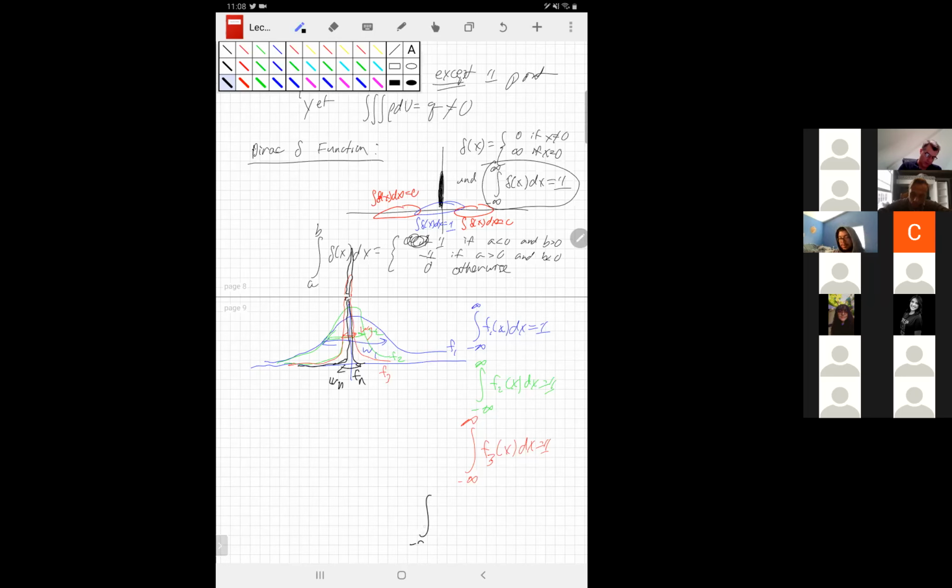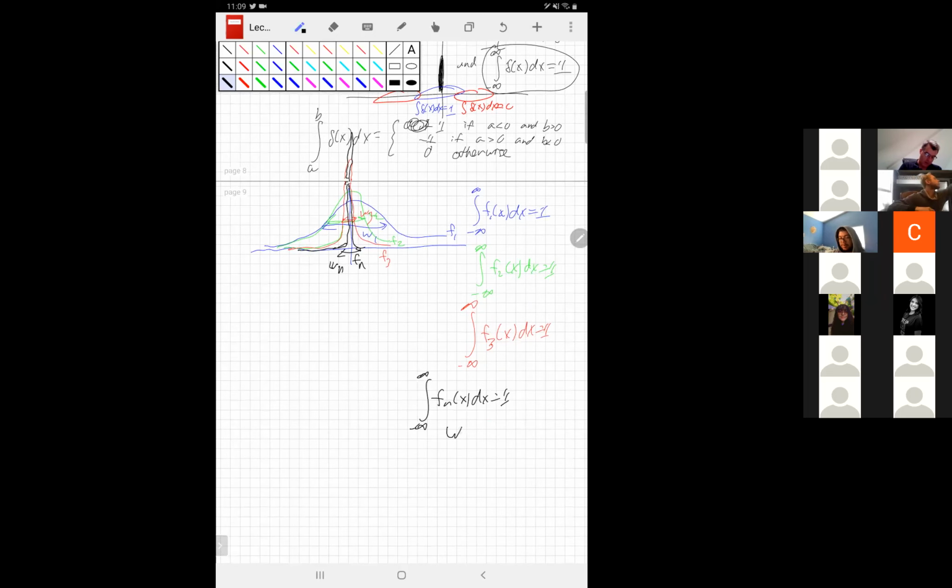The integral from minus infinity to infinity of fn of x dx is also equal to 1. wn is going to 0. So fn is going to 0 for x not equal to 0, and it's going to infinity for x equal to 0. Because as we keep making this function narrower and narrower, we decrease the width, we keep the integral or the area under the curve the same, which means the function has to shoot up at the origin. All right, that's the delta function.